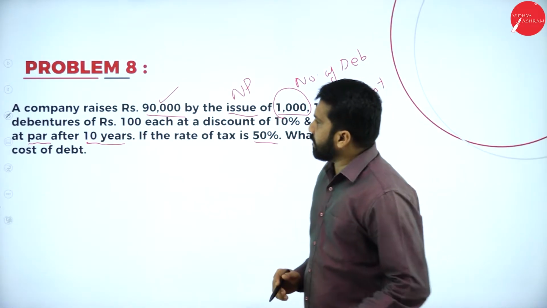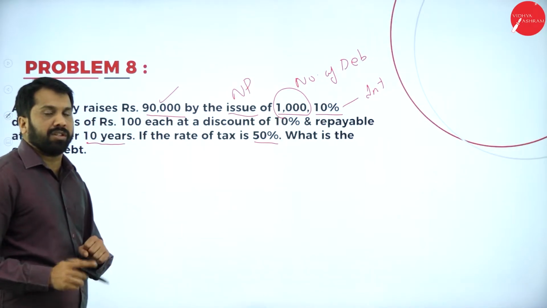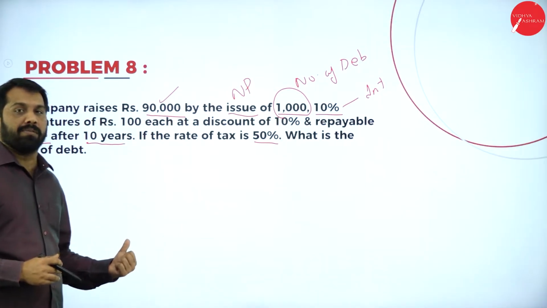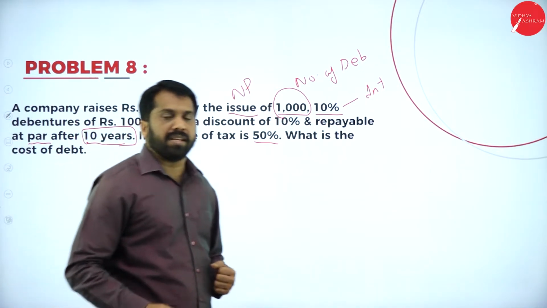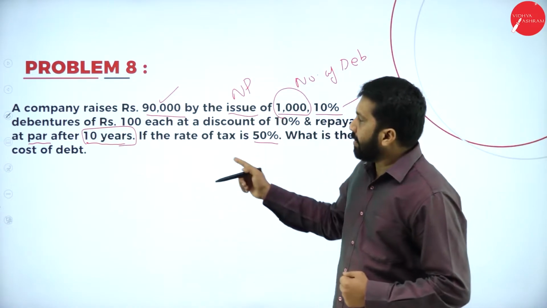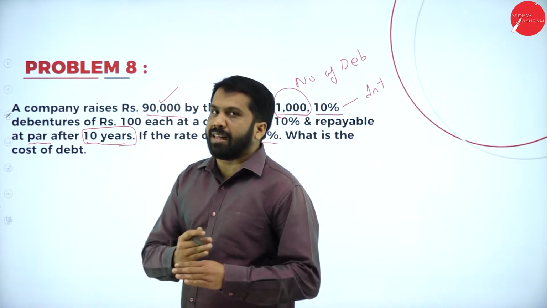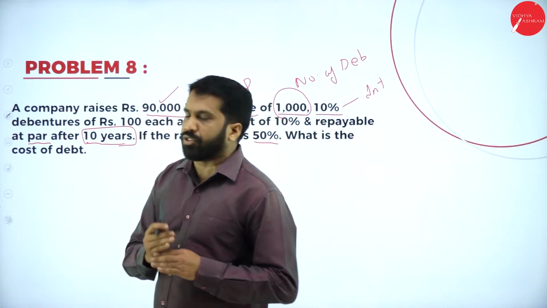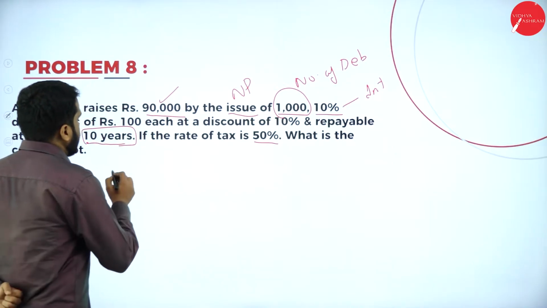Now what is the formula for redemption of redeemable debenture? Why do I call it redeemable debenture? Because they have mentioned number of years. If the number of years are mentioned in the problem, we call it redeemable debentures. Now I'll go for the formula, later we'll go for the calculation. The formula is very simple.